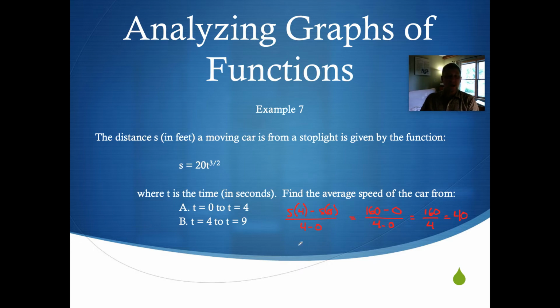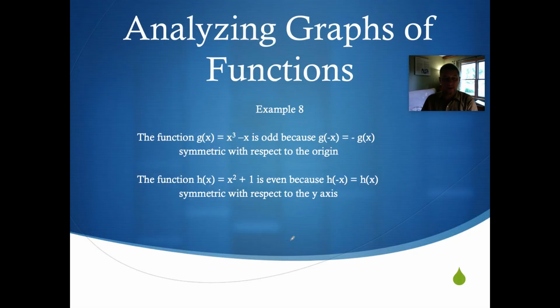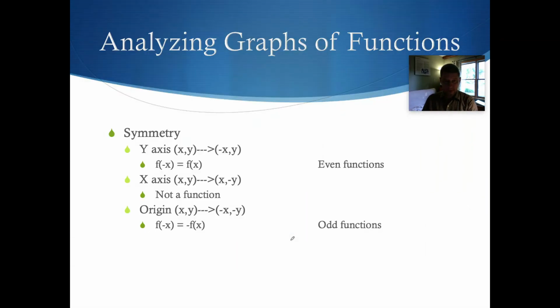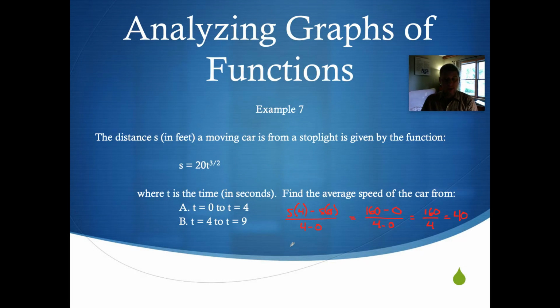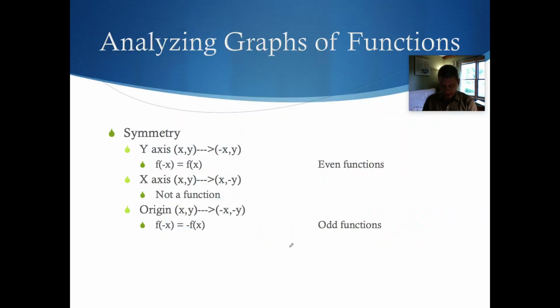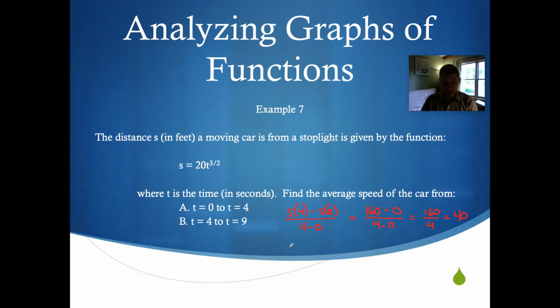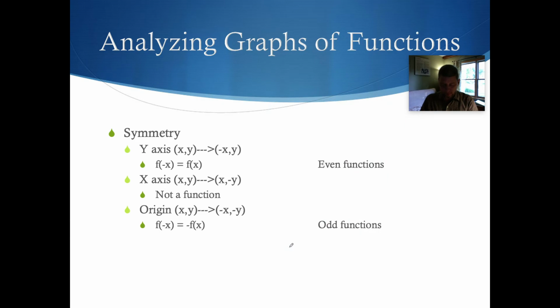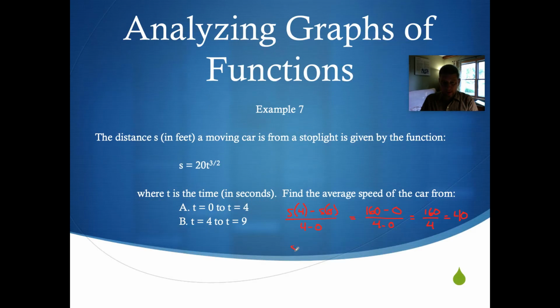Now, for part B, same idea. S of 9 minus S of 4, which, by the way, we've already calculated, divided by 9 minus 4.